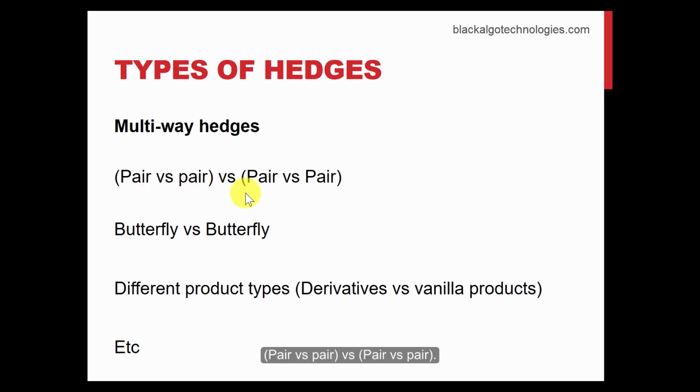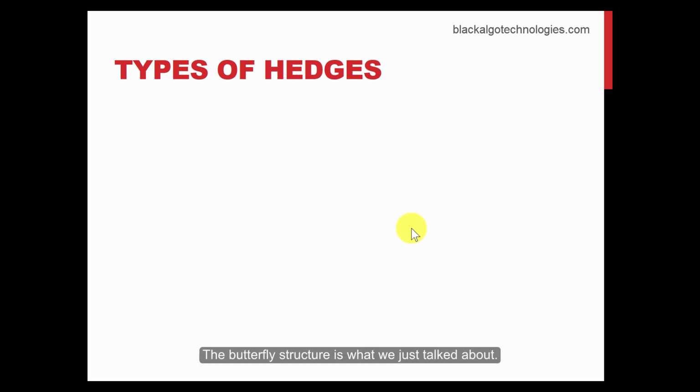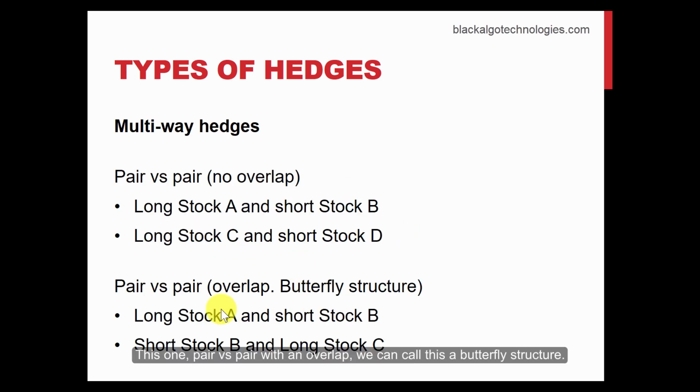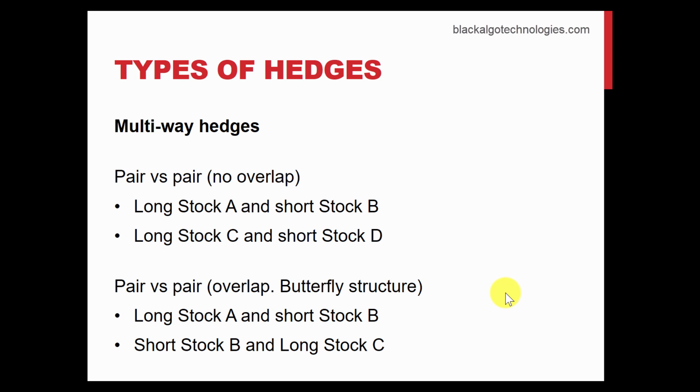Pair versus pair versus pair versus pair, butterfly versus butterfly. So your butterfly structure is what we just talked about. This one, pair versus pair with an overlap, we can call this a butterfly structure. And don't be confused with the butterfly structure in options trading. That is a different kind of butterfly.